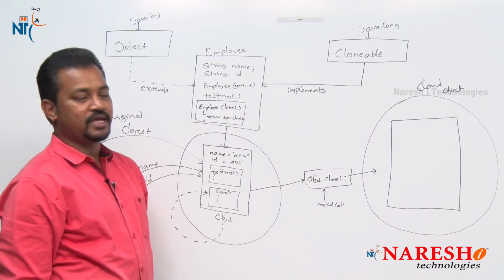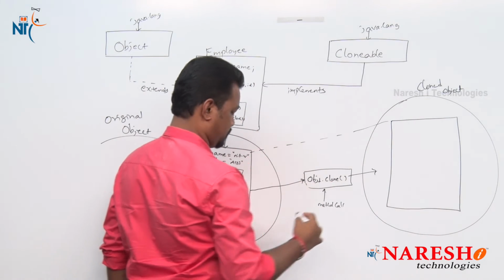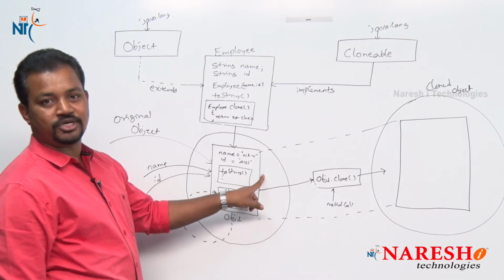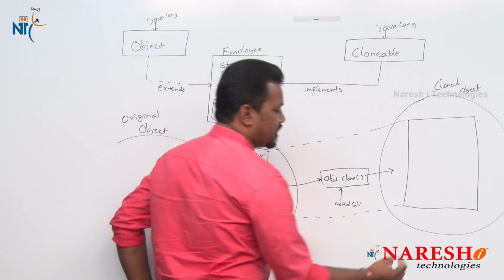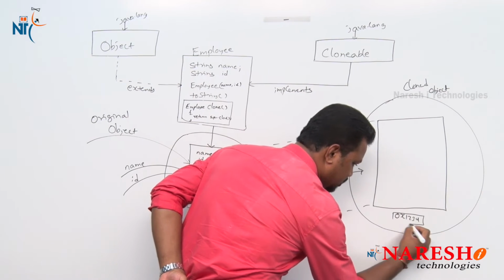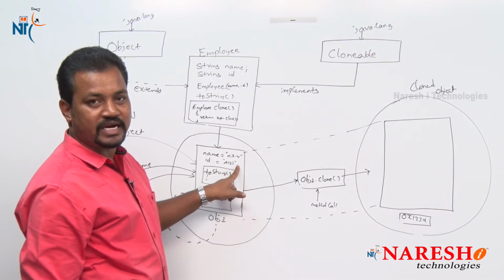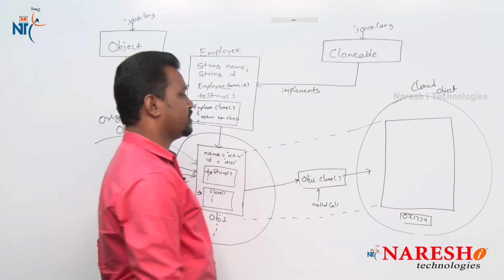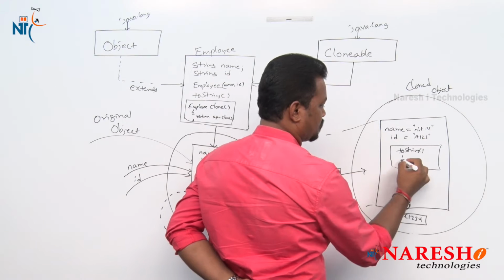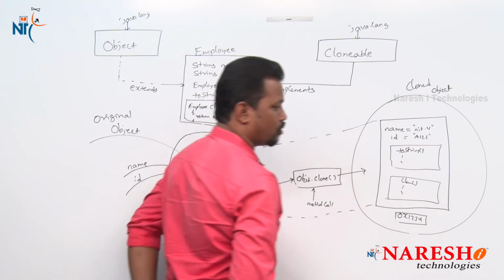The data available will be loaded into that object which has been created. So the object is created from this object. This object created here has one reference, an object reference. Whatever the cloning process does, the contents are loaded there. Name is loaded here and ID is loaded here, along with the toString method and clone method.